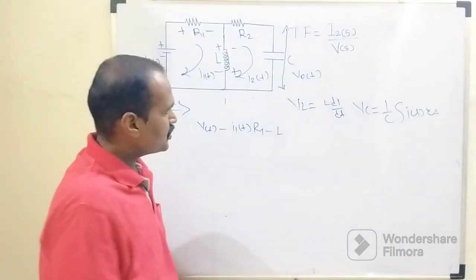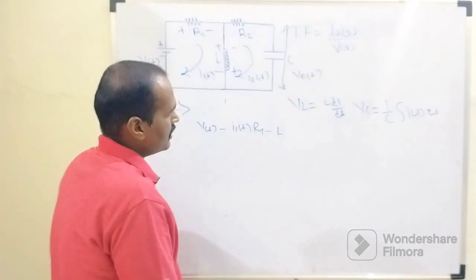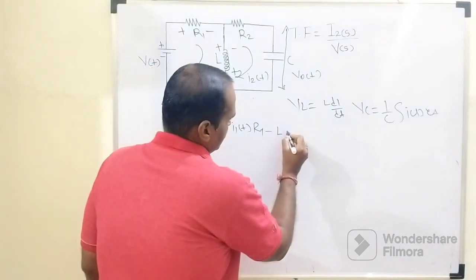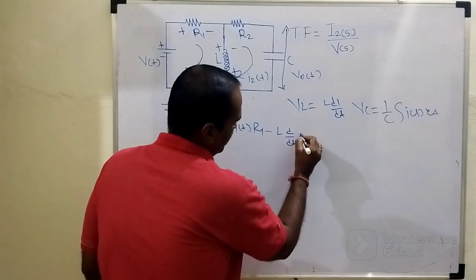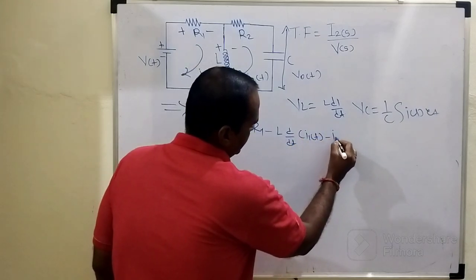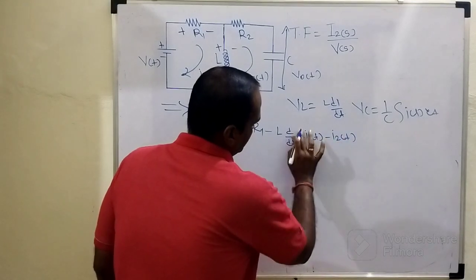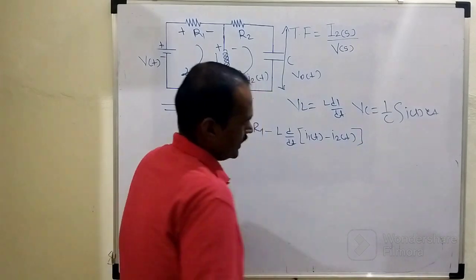But when we are in the first loop, at that time I1 is greater than I2. So by taking this fact into account, this statement will become L d by dt followed by I1 of t minus I2 of t. I will put this entire term within a square bracket, like this, right?